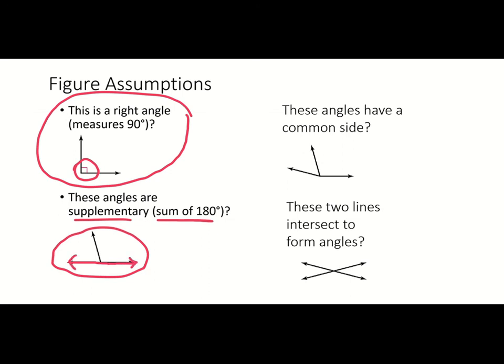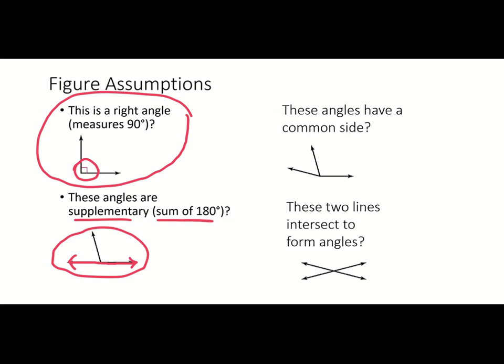It is a line. And if you know from previous experience, a line always measures 180. So because these two angles are made up of a line on the bottom, they are supplementary, so we can assume that. And we will do a lot with supplementary angles, or linear pairs, as they can also be called sometimes, during the course of this class.